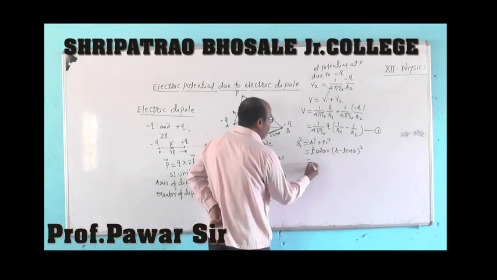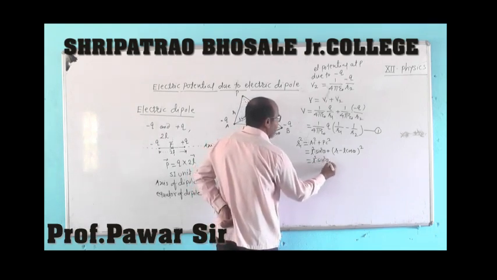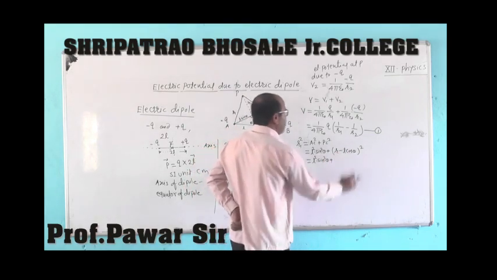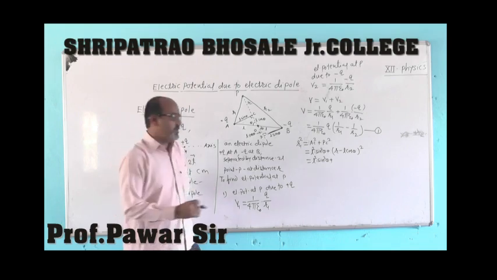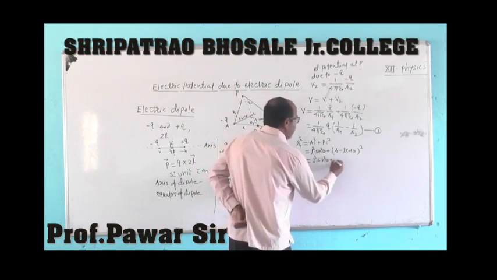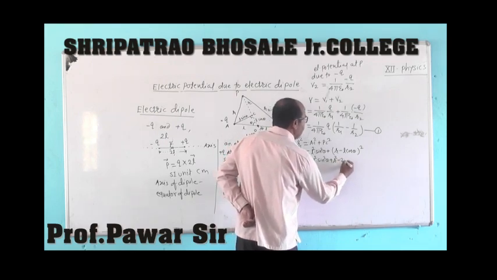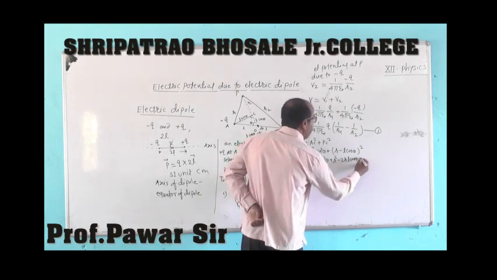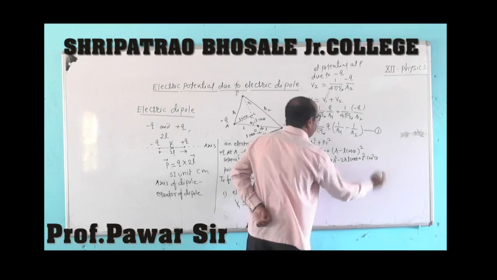It is equal to L square sin square theta plus, using (a minus b) bracket square equal to a square minus 2ab plus b square, we can write it as R square minus 2RL cos theta plus L square cos square theta.